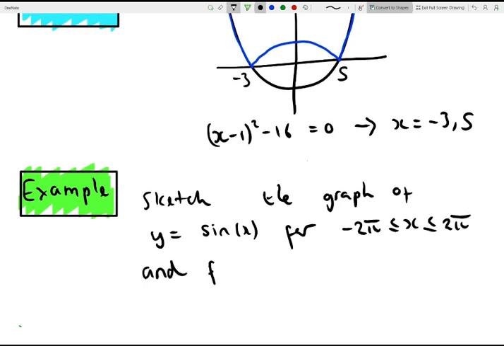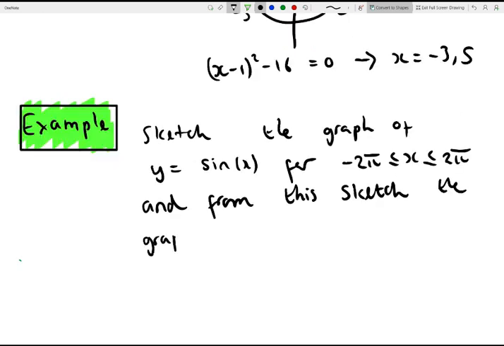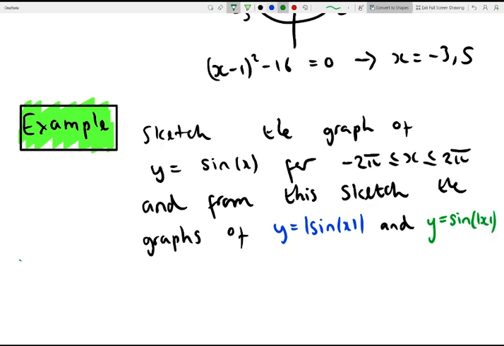And from this, sketch the graphs of y equals the modulus of sine of x and y equals sine of the modulus of x.